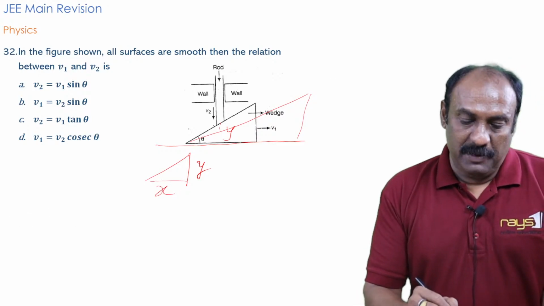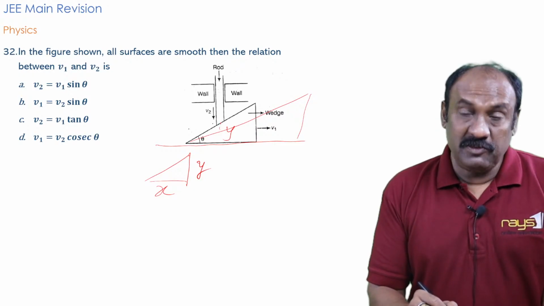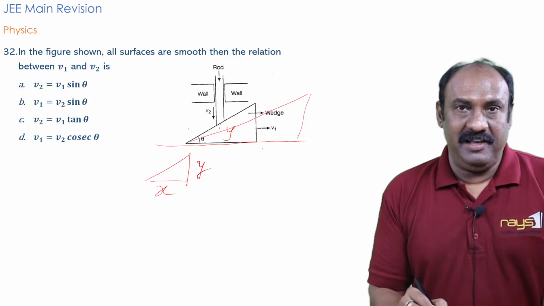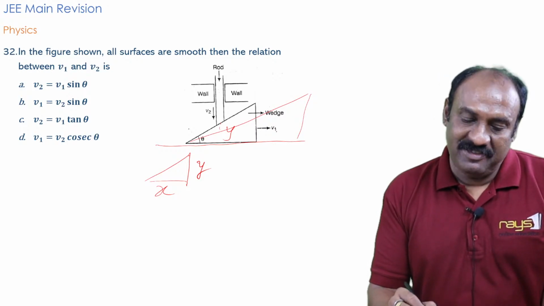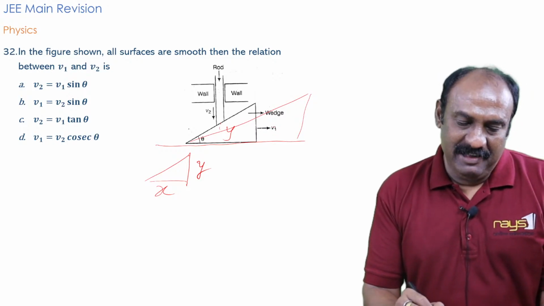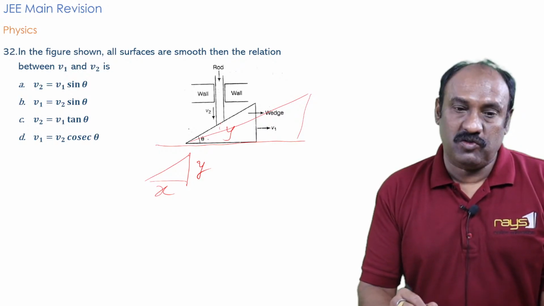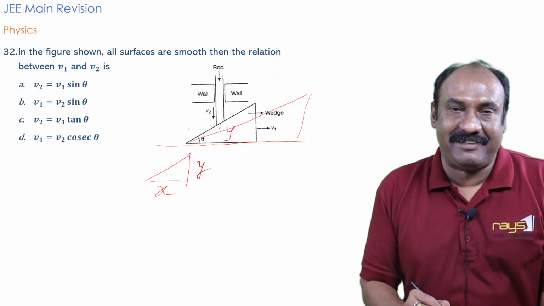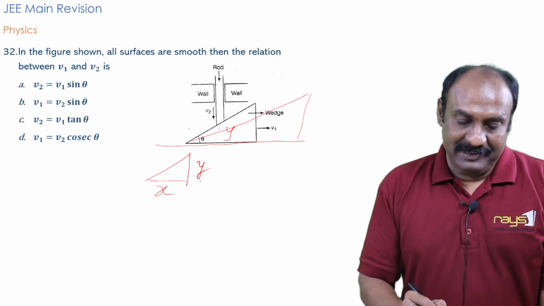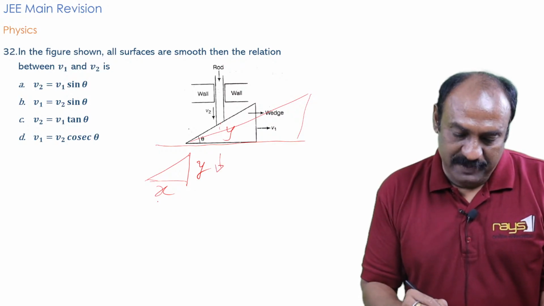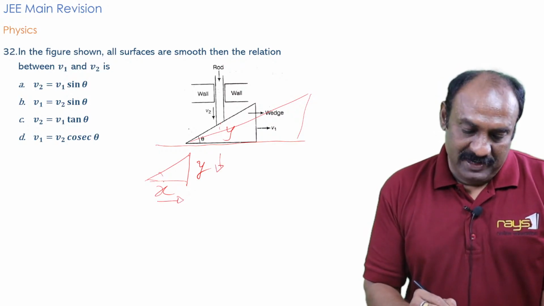As this rod comes down from this position to the bottom of the wedge placed on a smooth horizontal surface, the wedge slips towards the right side with velocity v1. So this wedge moves through a horizontal displacement x in the same time interval, in which the rod moves down vertically through a displacement y, and the angle of inclination is theta.